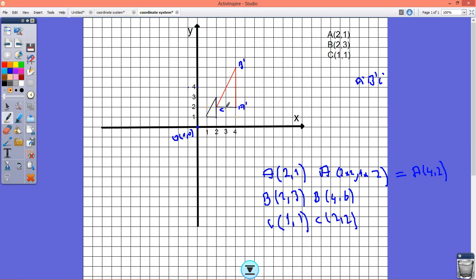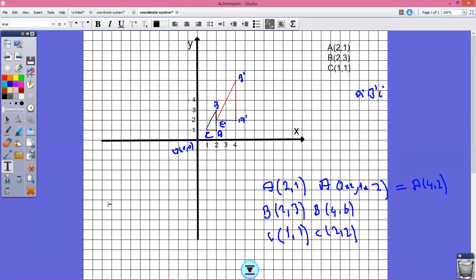Now this will be A, this will be B, triangle ABC will be this one. Now with this one, I enlarged it and doubled it. Now, as you see, the triangles are similar, but they are not congruent because their sizes are different.